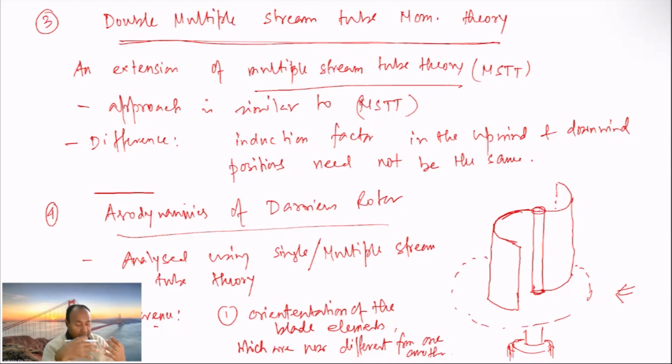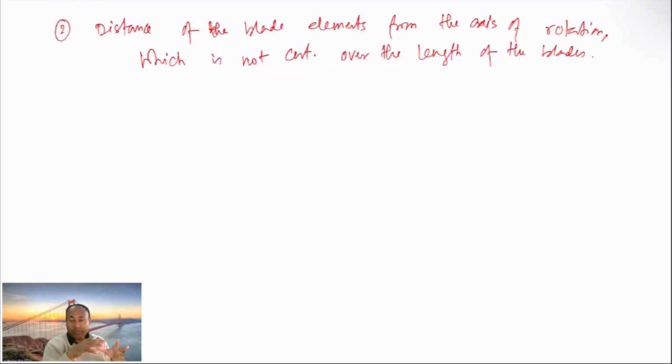One of the reasons is the orientation of the blade elements. You can see one goes convex, another goes concave, and the distance of the blade elements from the axis of rotation, if this is the axis of rotation, is not constant.